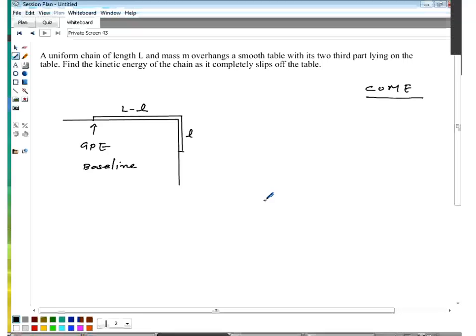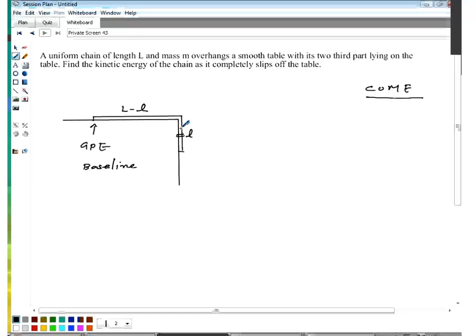There are no dissipative forces, so we can use COME. This part will have no potential energy because it is at the reference line. This part will have negative potential energy. Let's find out its potential energy.